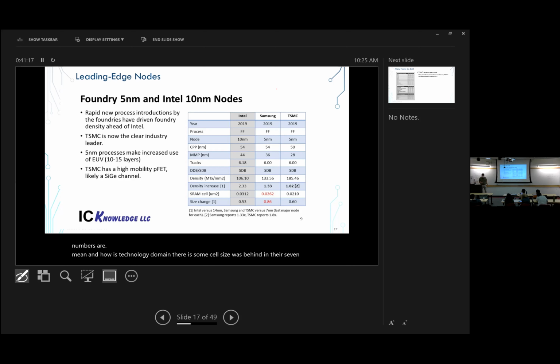We'll see how these things are going to play out in the next couple of years with Intel's aggressive technology push. But TSMC is now well ahead of the game. If you look at where the features are, they're about 2 years ahead.